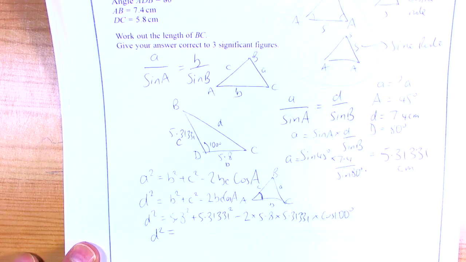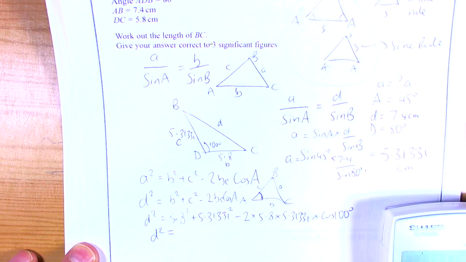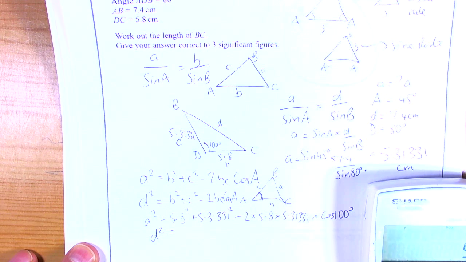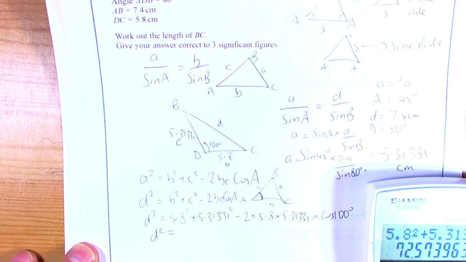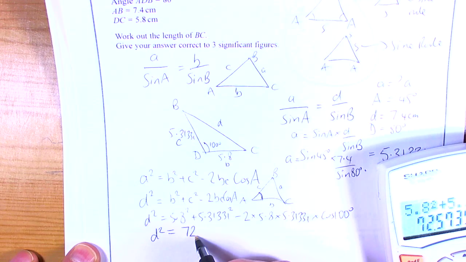So what we need to remember is that's going to be the value of d squared, so 5.8 squared plus 5.31331 squared, take away 2 times 5.8 times 5.31331 times the cosine of 100 equals. So that's going to be 72.57 and so forth square centimetres.